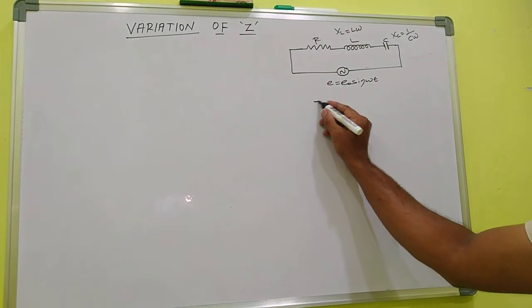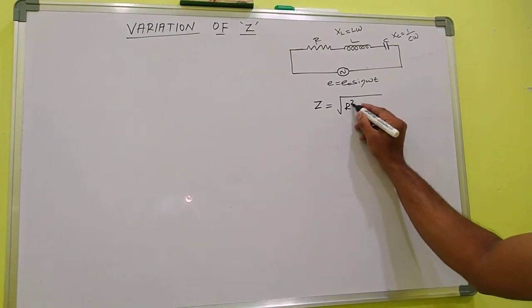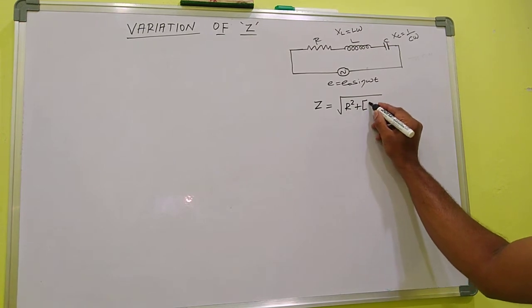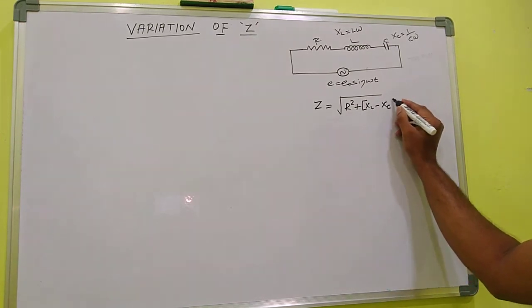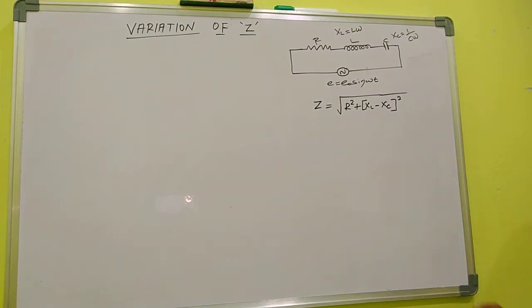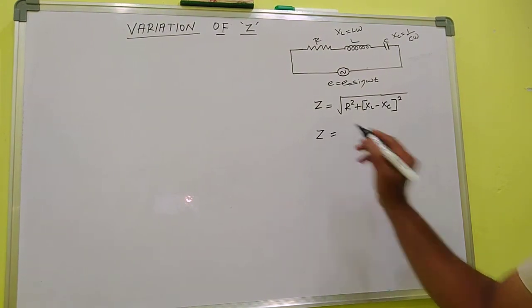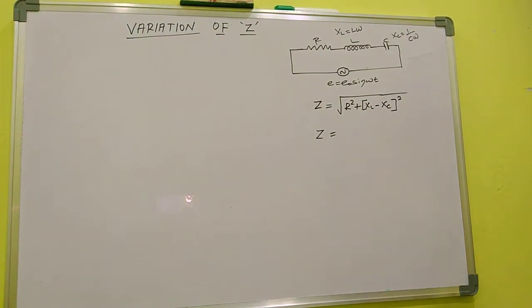Z is the impedance. The expression for Z is equal to root of R square plus XL minus XC the whole square. Yes, this is the expression for impedance which we learned in the last class. Z can also be found by using EMF and the current.